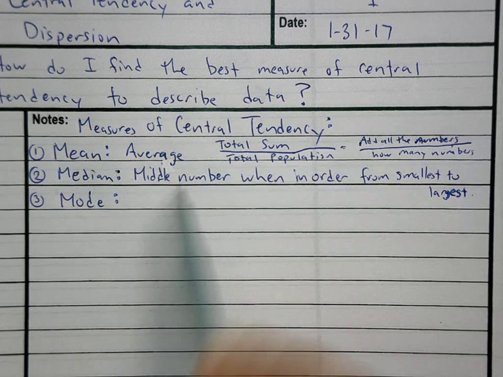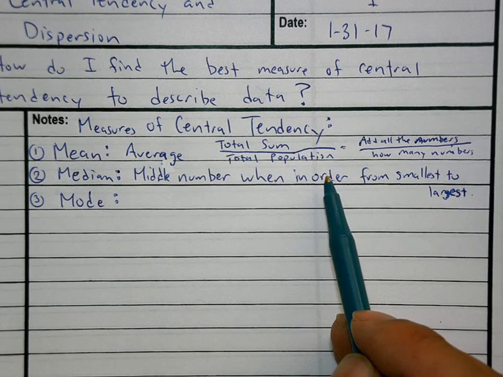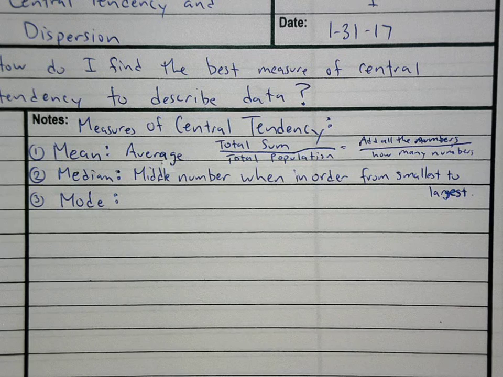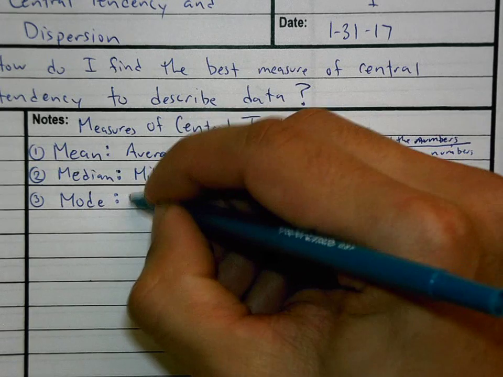It's the middle number when in order from smallest to largest. The mode is the most used number.